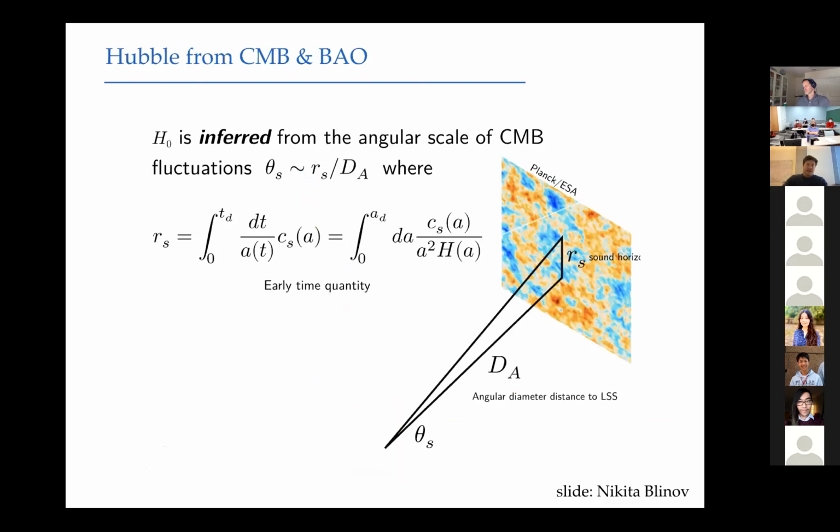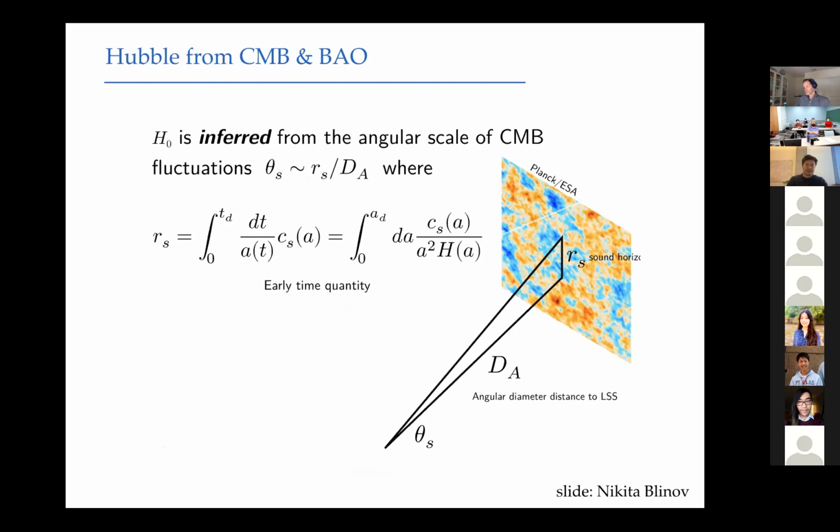The way that we would infer the Hubble constant from CMB and BAO observables is by using 2 distance scales that in turn determine an angle that we measure. So we measure the angular diameter distance to the surface of last scattering.